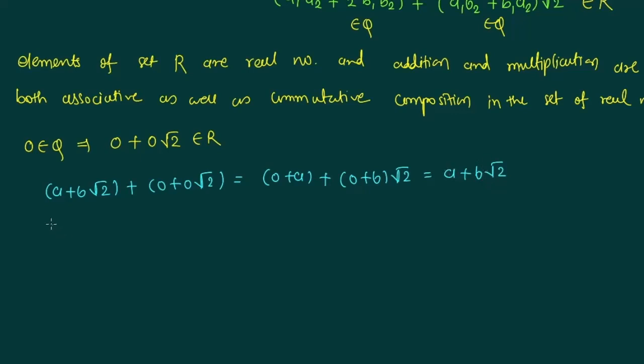So 0 plus 0 root 2 is the identity element with respect to addition. Okay, so we have the additive identity here.